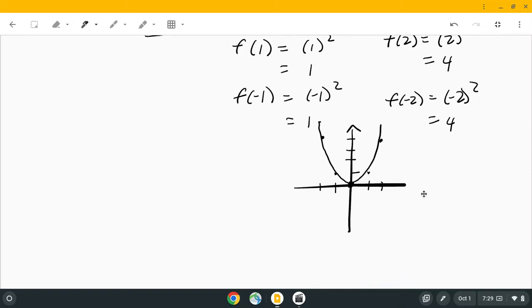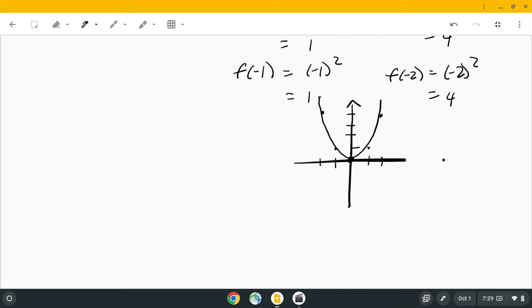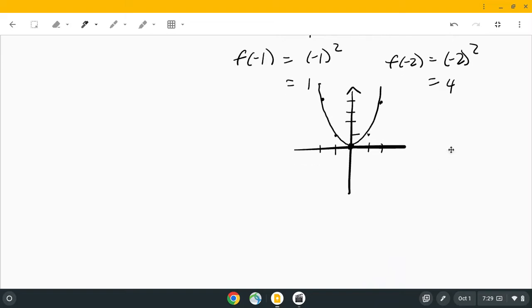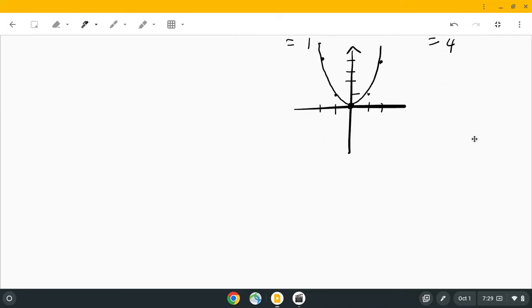In terms of trig functions, it turns out that cosine and secant are the only ones that are even. And that makes sense.